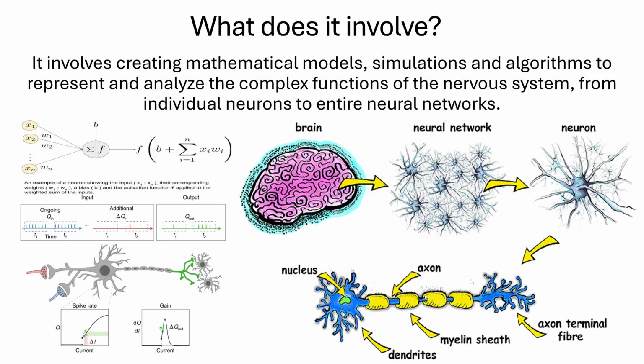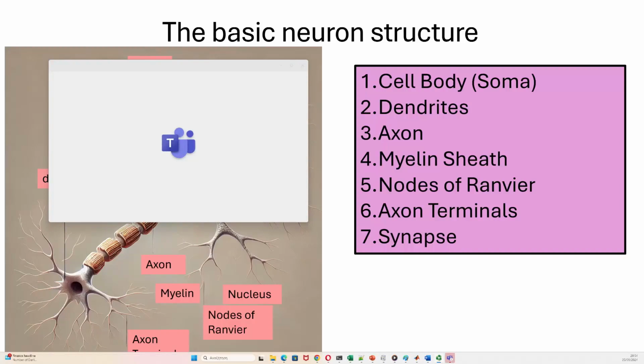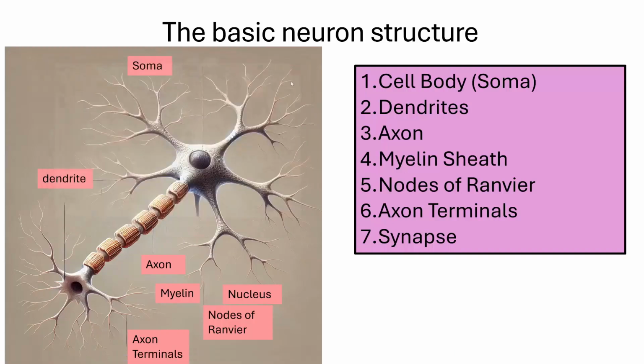We will start from examining the neuron, which is the cell of the central nervous system, and its basic structure and how it communicates. So, what is the basic neuron structure?